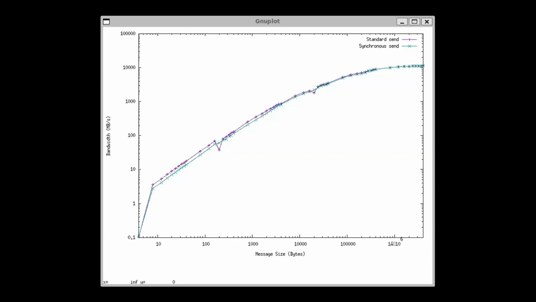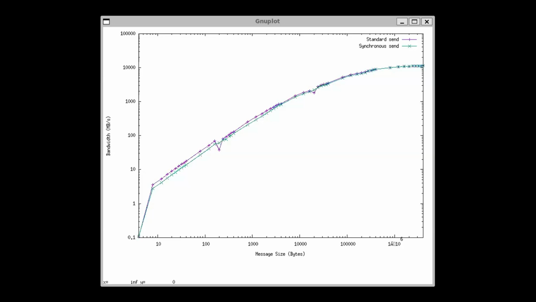The point at which standard and synchronous become the same bandwidth, which is the point at which they use the same protocol, which is the point at which you exceed the eager protocol, is in the hundreds of kilobytes. Okay, I don't know exactly what the figure is here, but it's several hundred kilobytes.